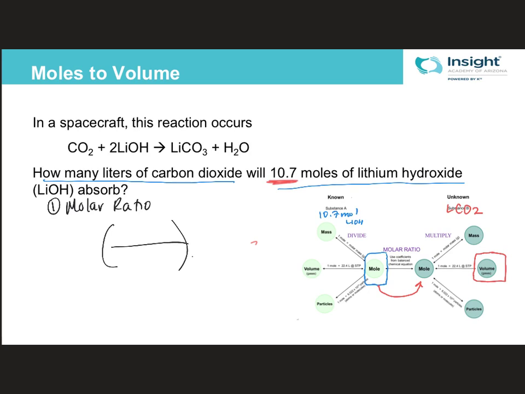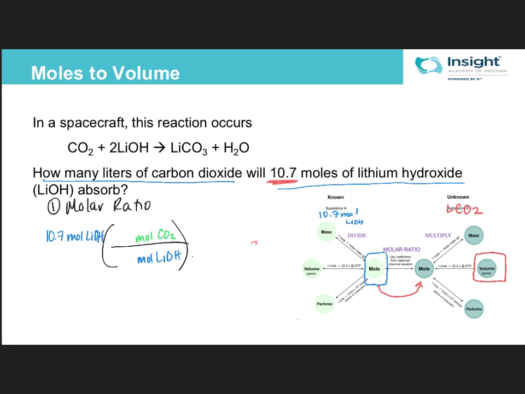On the outside, you put your known, the 10.7 mole LiOH. On the bottom inside the parentheses, the moles you're going to put in are also going to be that known. And then the top is going to be the moles of your unknown, so that's going to be the carbon dioxide.